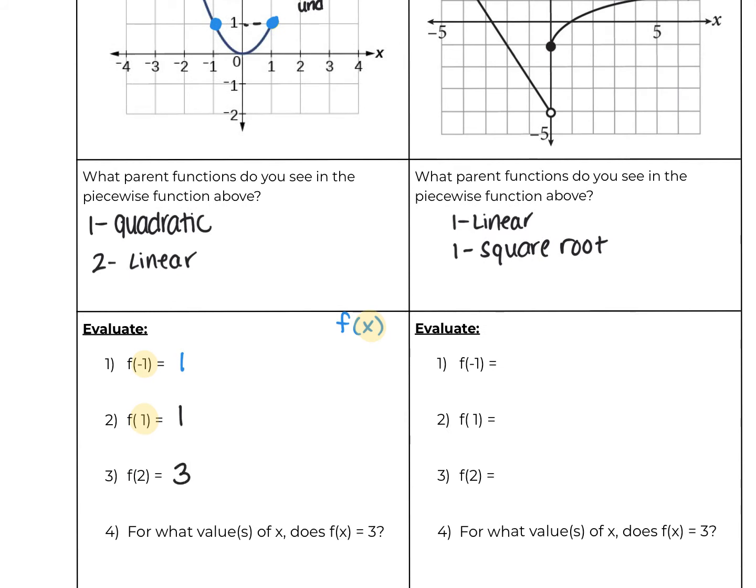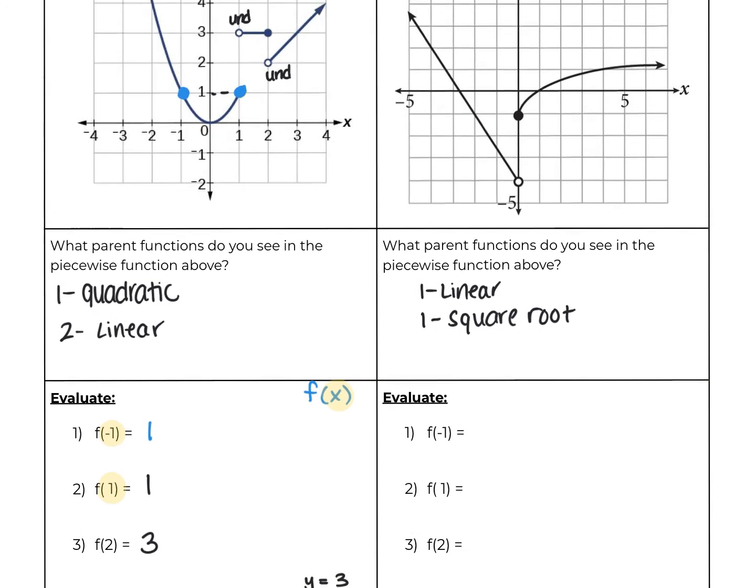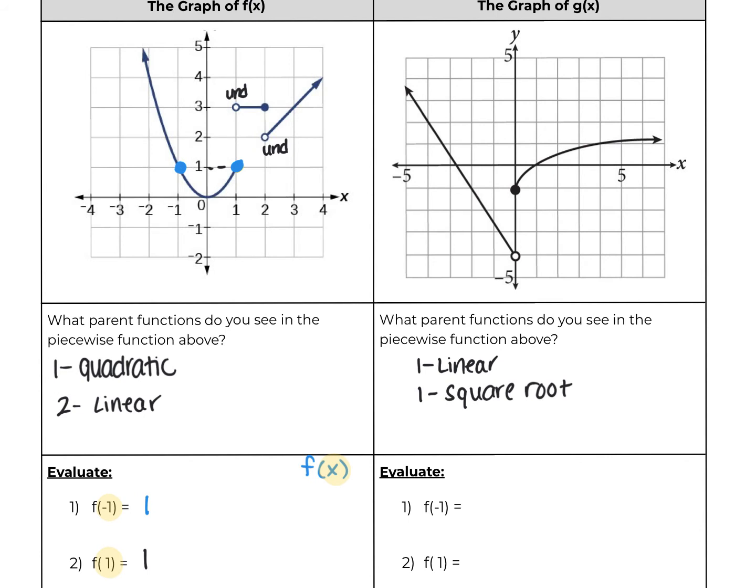And last but not least, I'm asking you to tell me for what values of x does f of x equal 3? Remember, f of x is the same thing as saying y equals. So I'm asking you for what values of x does y equal 3? So let's take a look and see. So here is y equaling 3, and I want to know what x values correspond to it.